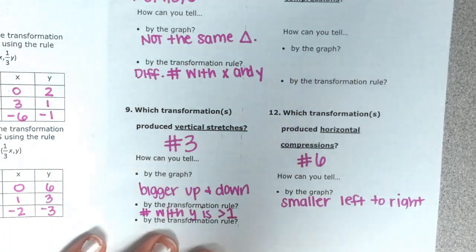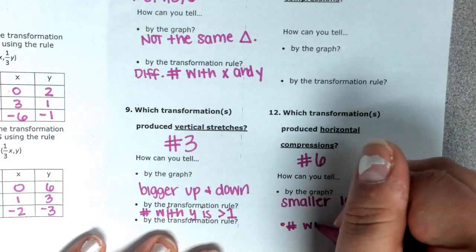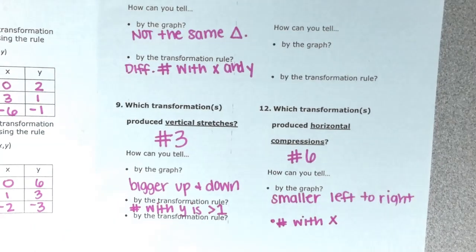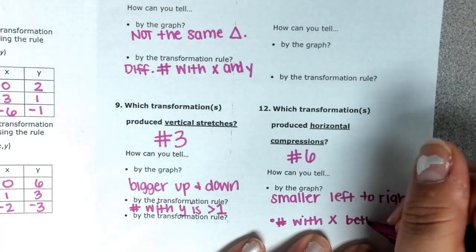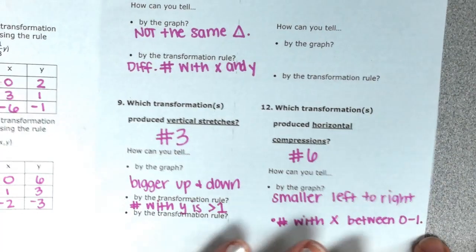And how can you look at a rule and just know that's going to happen? Horizontal is going to be x. And so this is weird because we're not going to say less than 1. It is less than 1. But we're going to say the number with x is between 0 to 1, because it's going to be a fraction.